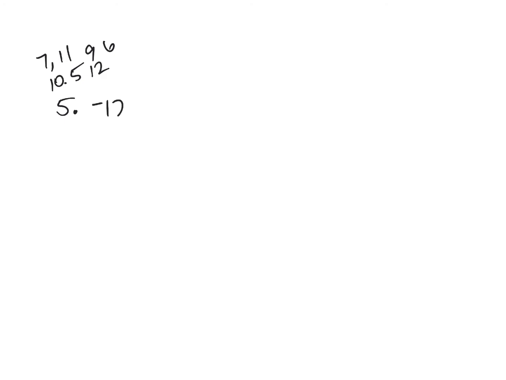Number 5 is negative 12 less than 5 halves y minus 2 less than negative 2. So we treat this as one equation. Whatever I do to the middle, I'm going to do to the right and the left. So what am I going to do first? I'm going to add 2.